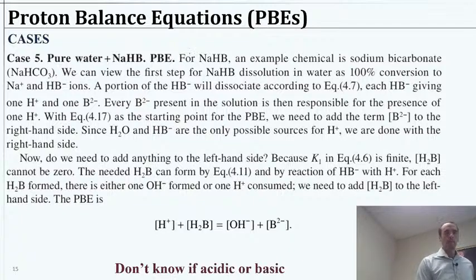So given all of that, we can recognize that in this scenario where we started with NaHB, where's my cursor? Okay. Sometimes it's hard for me to find it. We have Na plus and we have HB minus.